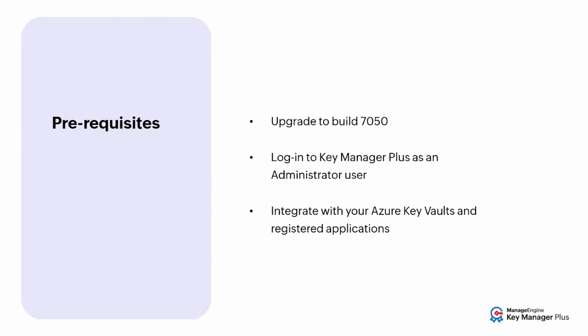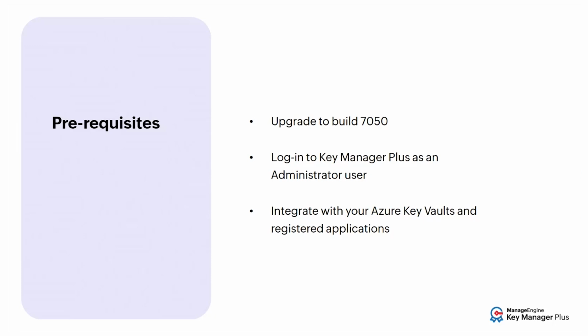Before you even start integrating the Azure Key Vault or Azure applications with Key Manager Plus, Azure must provide a secure identity, and you would require the necessary permissions. This will be configured through an app registration, and after the app registration is done, we would create a client secret for authentication. Once this is completed, we need to provide appropriate permissions to access the Key Vault items, as well as the permissions to read and update application secrets.